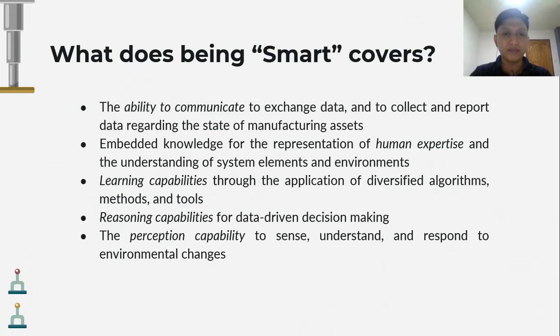Fifth is the perception capability to sense, understand, and respond to environmental changes. So the perception capability refers to the ability of the smart system to respond or to formulate actions or corrective actions.